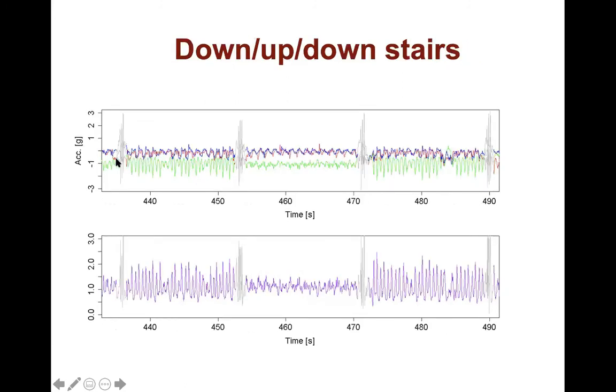We made participants walk down the stairs, upstairs, and down the stairs again. So we have these nice internal markers that are very useful for further analysis of the data or developing the algorithms.